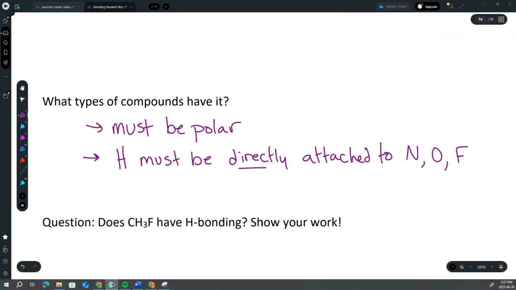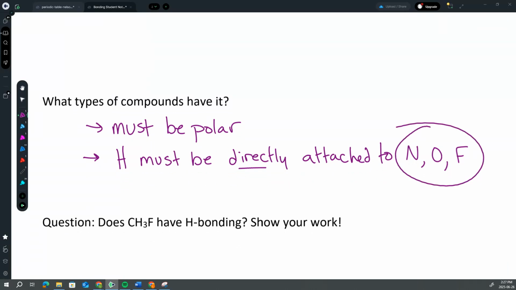Okay, so a lot of times students make the mistake of, oh, there's a hydrogen as well as one of these in the same compound, that must mean that there must be hydrogen bonding. Not necessarily. In order to figure out if a compound can do hydrogen bonding, you will need to draw out what the compound looks like so that you can tell if hydrogen is directly attached to nitrogen, oxygen, or fluorine.